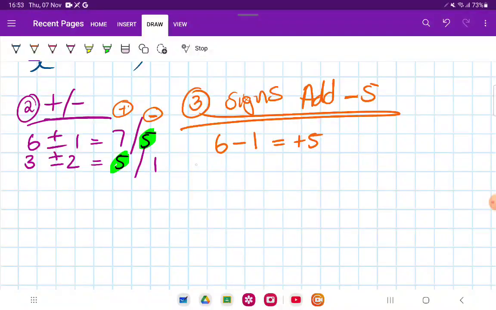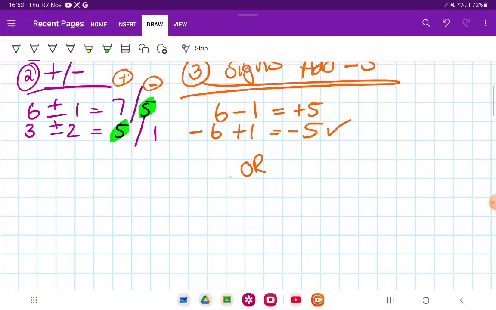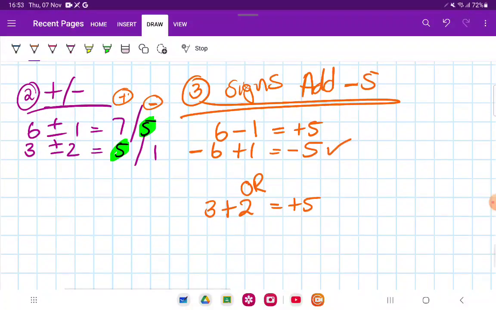If I swap it around, I can say -6 plus 1 gives me -5. Okay, so that one works. Or we can check the other one. That's an addition sum. If I say 3 plus 2 gives me +5, but I want -5. -3 minus 2 gives me -5. So that also works. So I have 2 options.